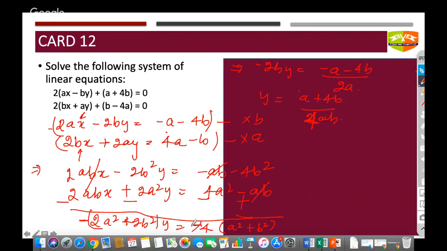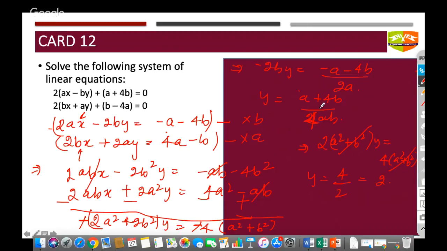Now the negative and negative will get cancelled out. So what I get is 2 times a square plus b square y is equal to 4 times a square plus b square. So a square plus b square is gone, and y comes out to be 4 divided by 2, which is equal to 2.